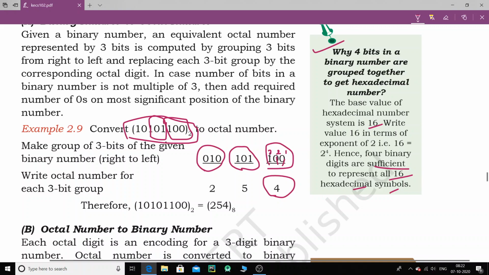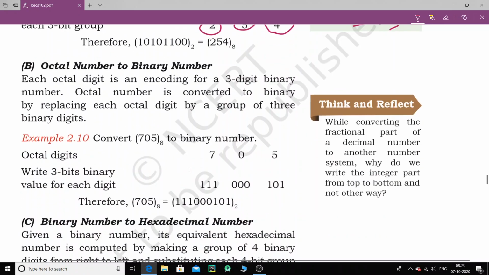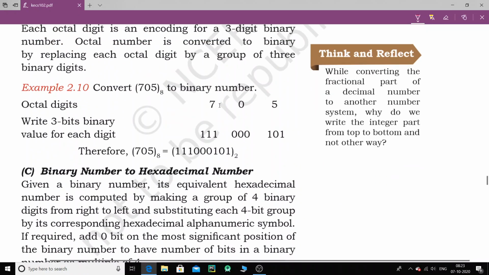So this is 2 raised to 2, that is 4. So this is 4 and this is 5, you can see 4 and 1 will make 5, and this is 1 and 2. So the on bit is 1, so that is simply 2. These are very, very simple conversions.